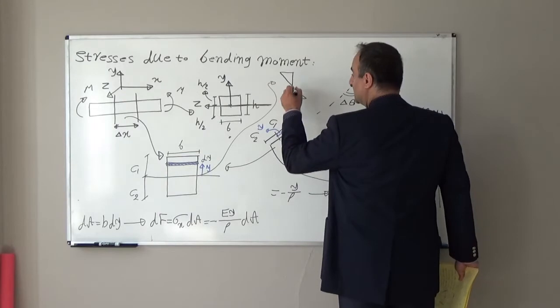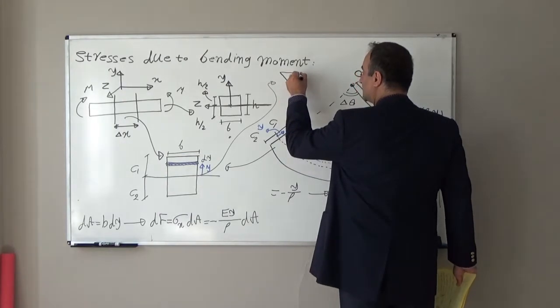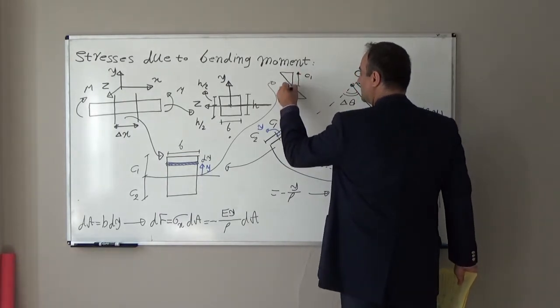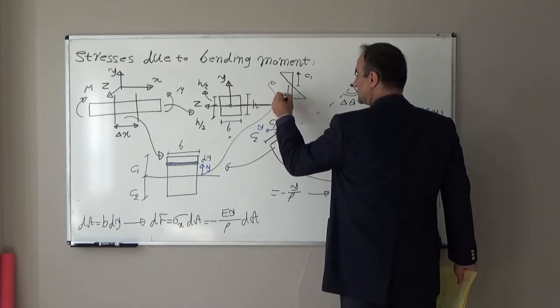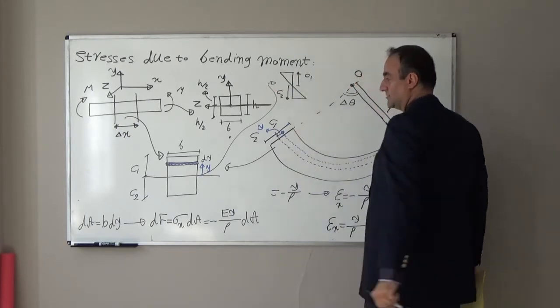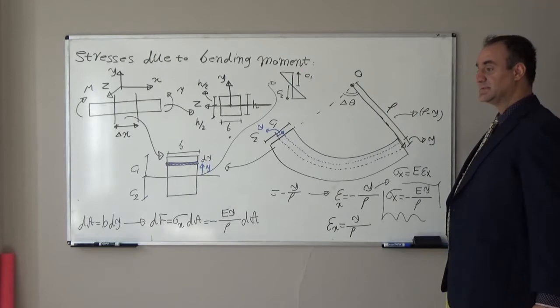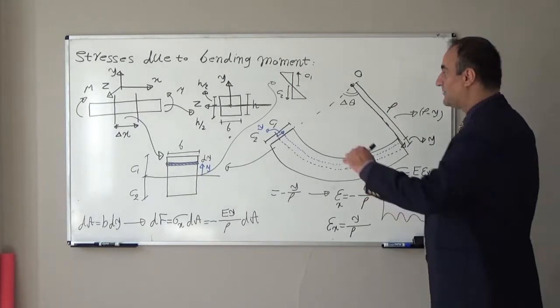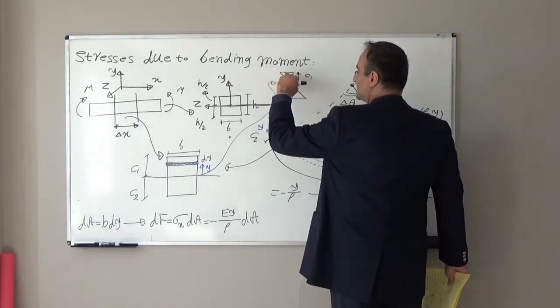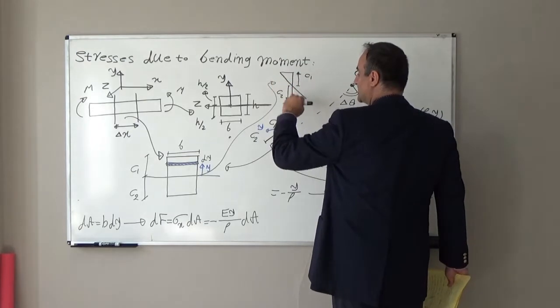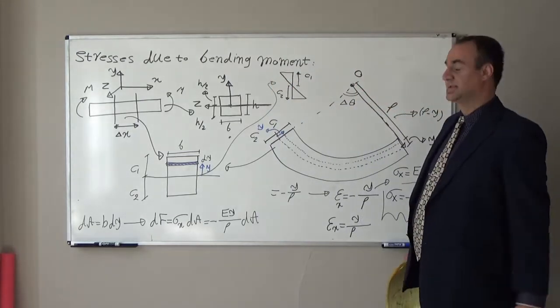From here to here it is C1, and this is C2. Strain distribution: above this it is compressive strain, below it is tensile strain.